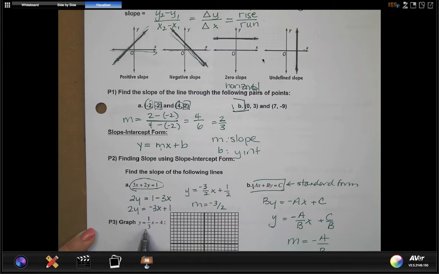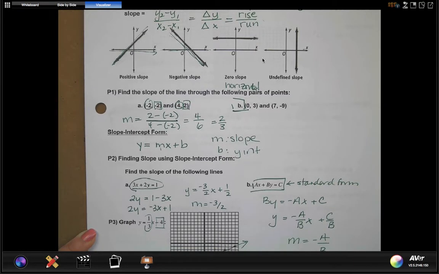All right, when it says to graph it, the easiest thing to do is graph the y-intercept first and then use the slope. So the rise is 1. The run is 3. Rise 1, run 3. All right, so that would be the graph of that line.